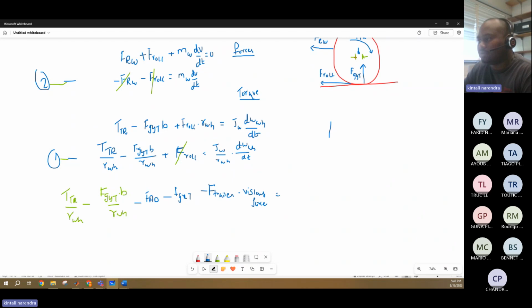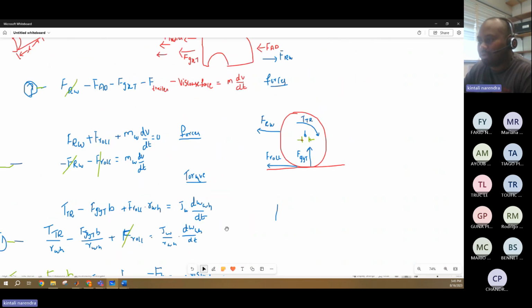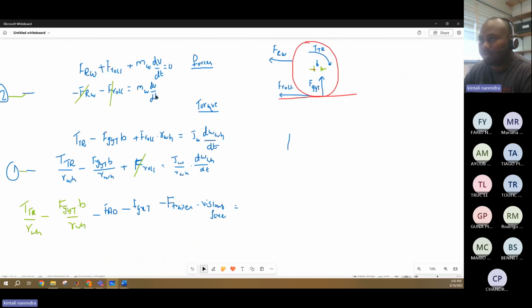Is equal to M into dV by dt, plus MW into dV by dt, plus JW by RH into dW by dt.